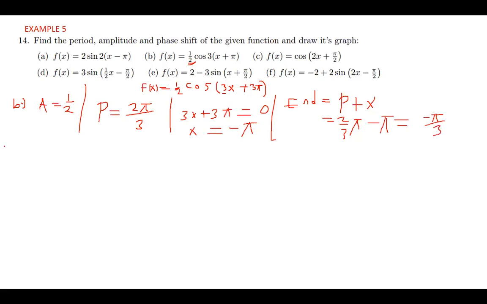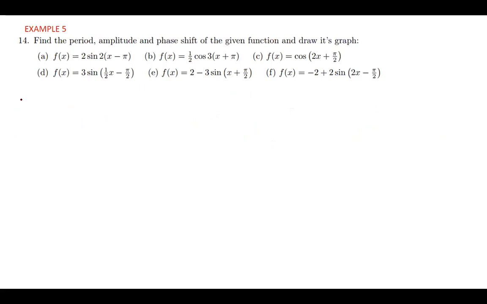So from here, we can now even go straight into sketching. So this is going to be something like this. So you write your 0 there. Oh, sorry, let me just write it properly. So we found our amplitude to be half, and then our period was 2 over 3 pi.